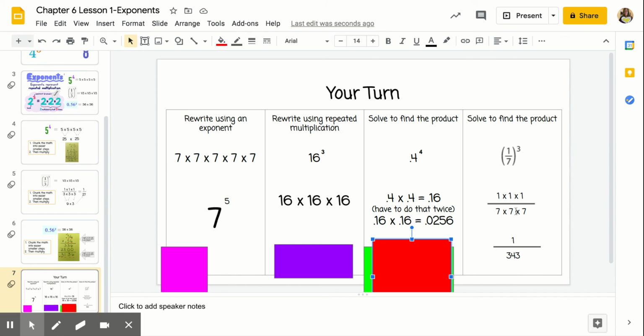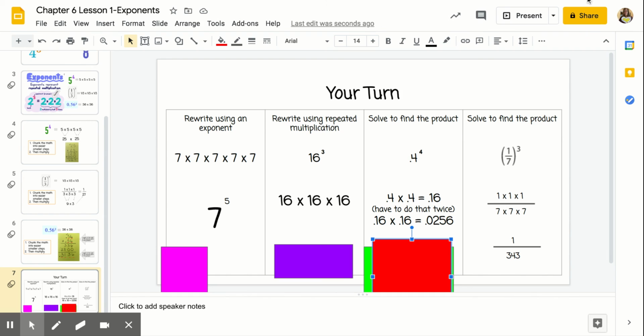And this one I chunked into 7 times 7 is 49, and then 49 times 7, which allowed me to get 343. So if you struggled with this, go back and look at this lesson again, or let me know so we can have a conversation about it. If you didn't struggle, great, you can feel pretty confident to move on.